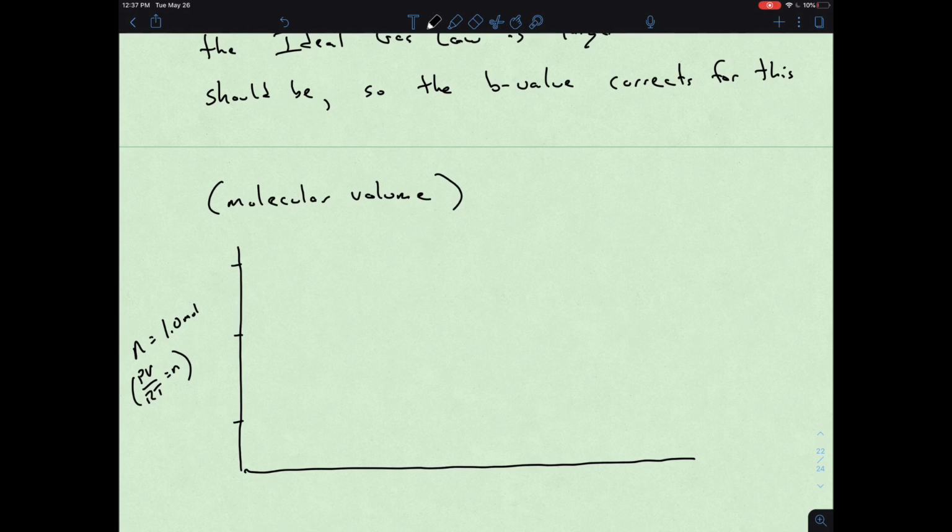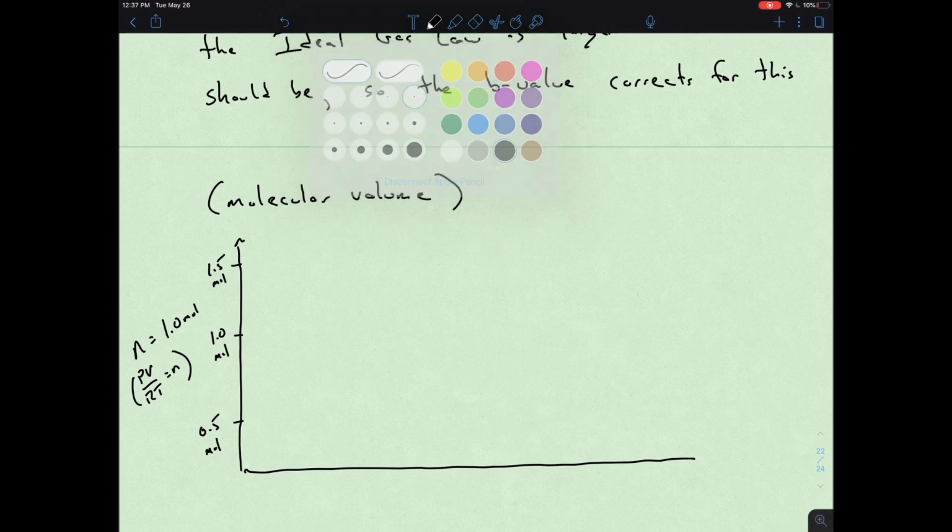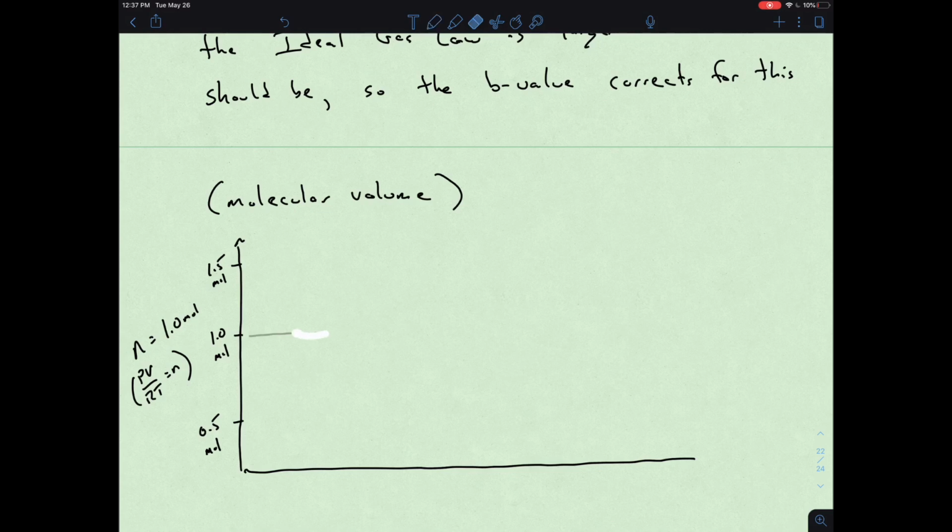And so if this is 0.5, 1.0, 1.5, in terms of increasing moles, we would expect our line to be a constant going across, no matter what pressure or volume.